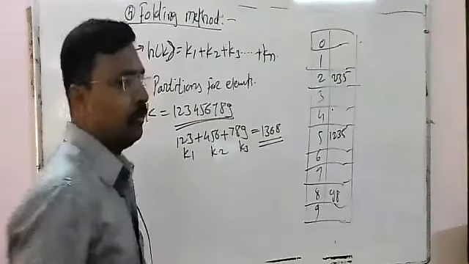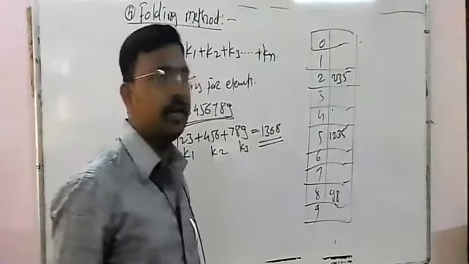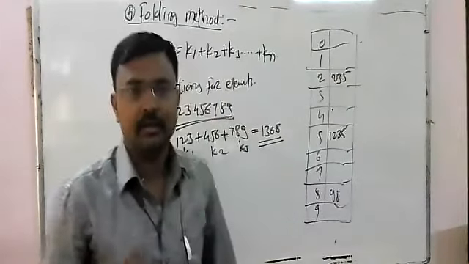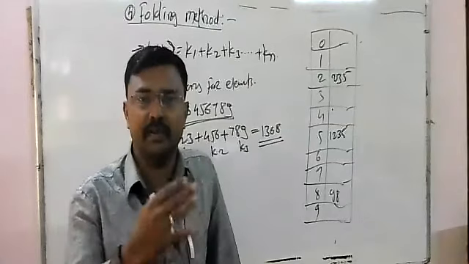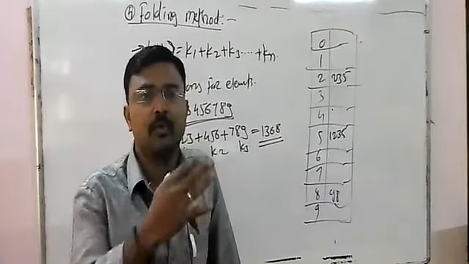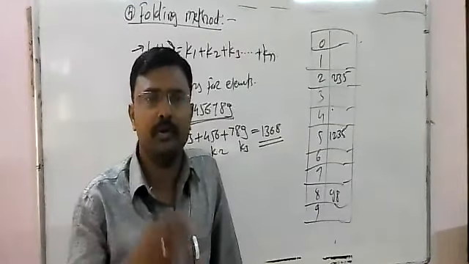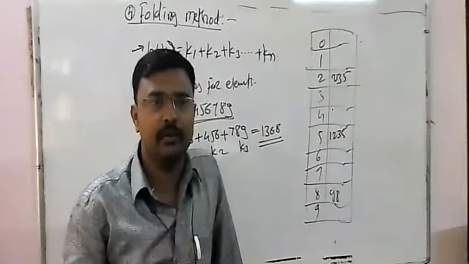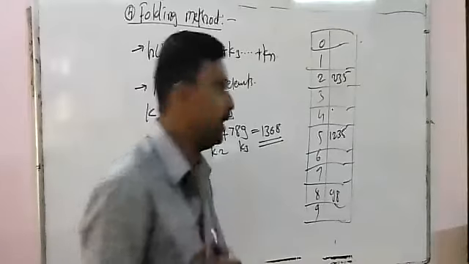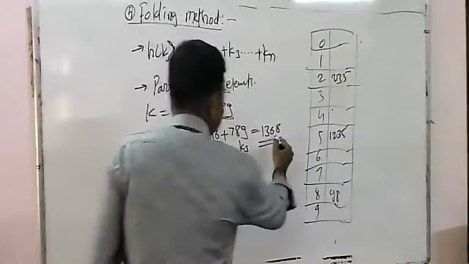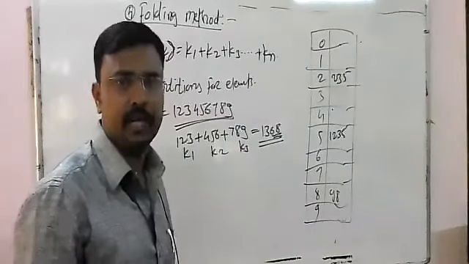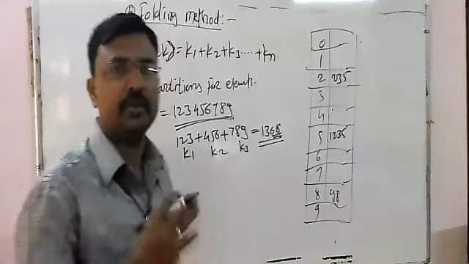Okay. Now, for this value, you can use either truncation, mid square, or modulus. Whatever you want to use, you can use here. For example, if you want to use truncation, then 68, the last two digits, we are going to extract.